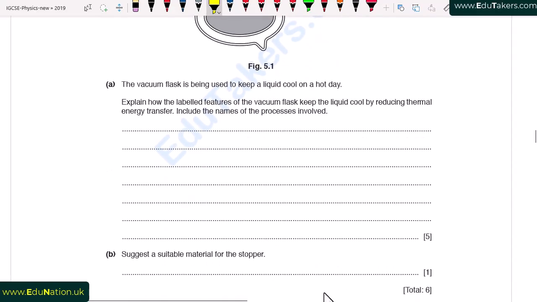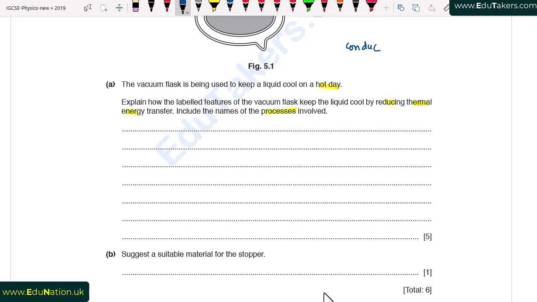Part A. A vacuum flask is being used to keep a liquid cool on hot day. Explain how the labeled figure of vacuum flask keep the liquid cool by reducing thermal energy transfer. Include the names of the processes involved. So we know that heat transfer through three different methods.